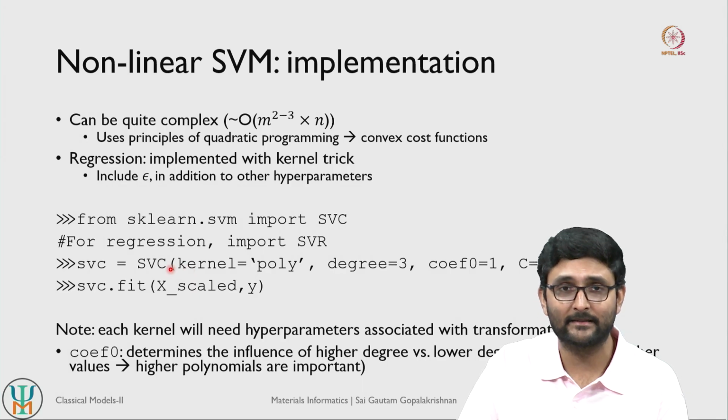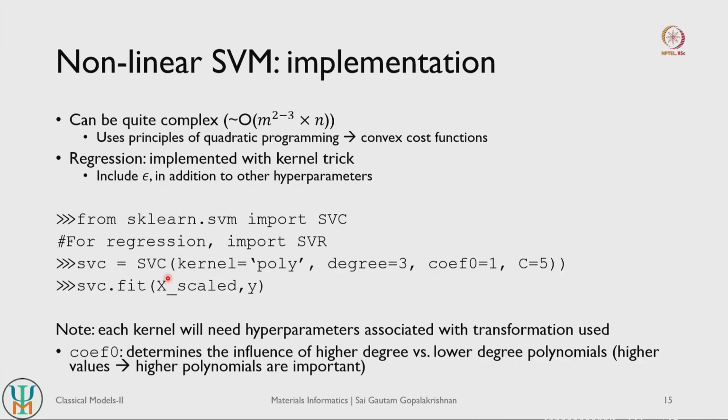To create an instance of a support vector classification model, we have to include several hyperparameters. One is what kind of kernel we want to use. There are already several kernels that are possible. If you want to simply add polynomial features, you can use a polynomial kernel. If you want to use Gaussian features as before, or radial basis functions, you can use an RBF or a Gaussian kernel here.